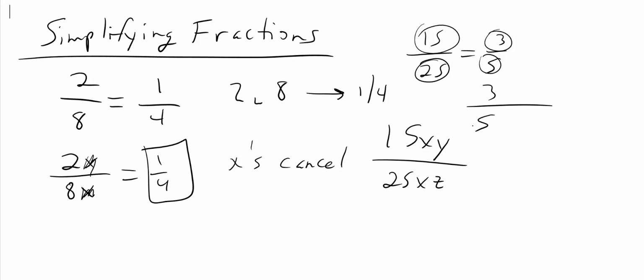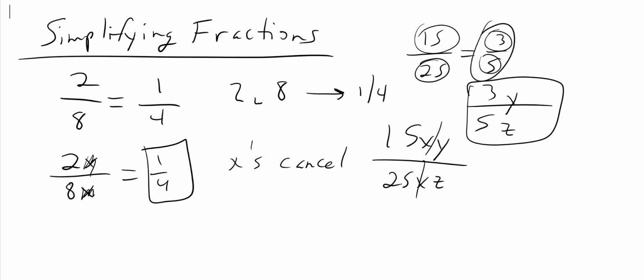So we got 3/5. Now let's look at the variables. What happens to the x's? Well, they cancel. So they're gone. And what happens to the y? Nothing to cancel with it, so it stays there. And what happens to the z? It stays there as well. So this is your answer, reduced. Again, I can do the numbers in my calculator, and this I have to do with knowledge of how to deal with variables.